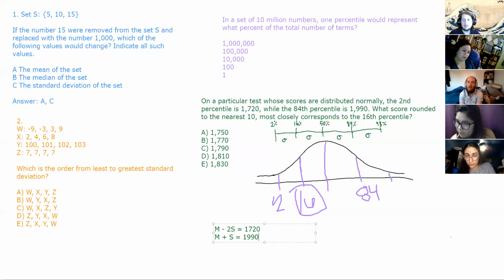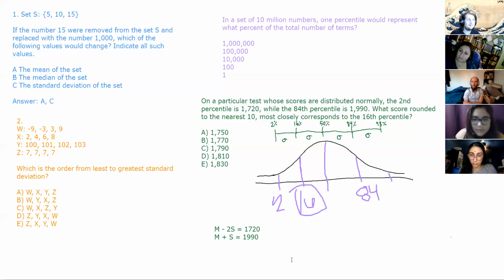So then we know the difference between those two. Can we take the 1990 minus the 1720, and then divide that by 3 to figure out what the standard deviation is between each one?